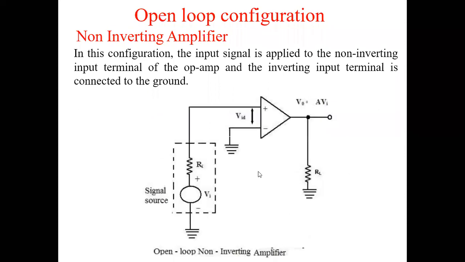For example, if we make this minus and this plus, automatically this minus has to be given to the ground and the plus has to be given the input. That is according to the symbol inside the triangle. So according to that only we have to apply the input.